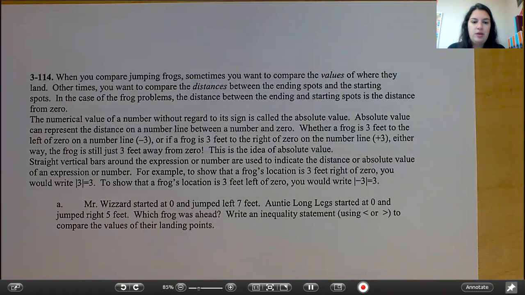Straight vertical bars around a number or expression are used to indicate the distance, or absolute value, of an expression or a number. For example, to show that a frog's location is 3 feet right of 0, you would write the absolute value of 3 equals 3. To show that a frog's location is 3 feet left of 0, you would write the absolute value of -3 equals 3.